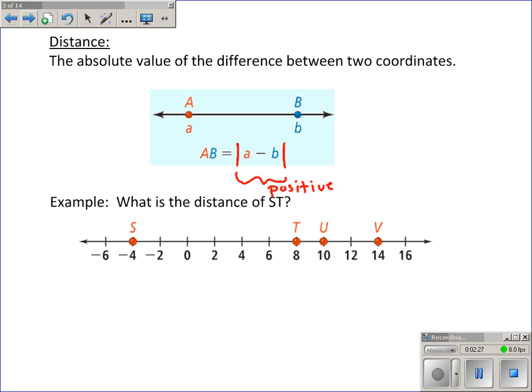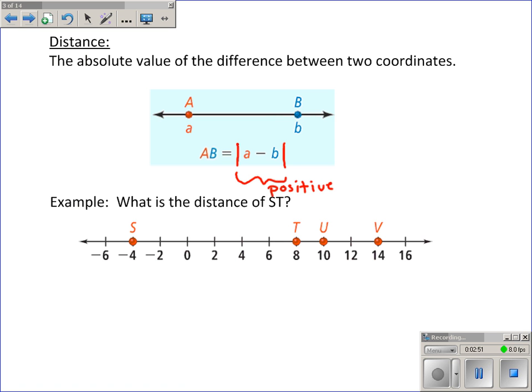That's not the definition of absolute value, but it's a working definition. You can use that, and it works out just fine. So what is the distance of ST, or the distance between points S and T? Let me show you first on the picture, and then we'll use this formula with absolute value, and you can use either one that you want.